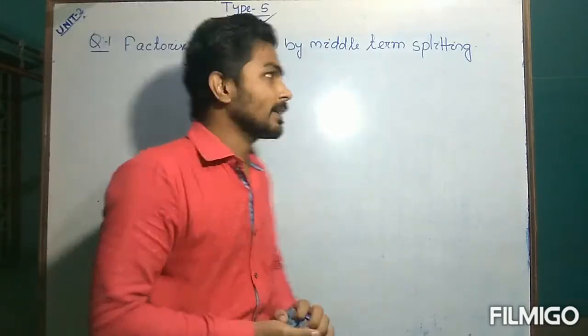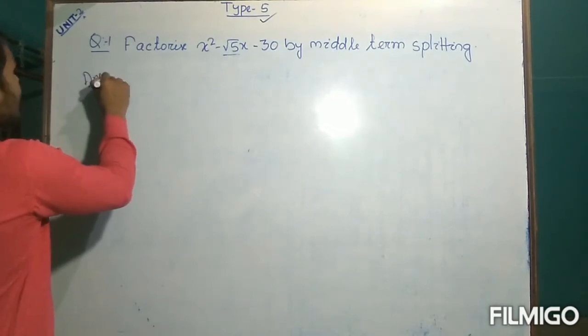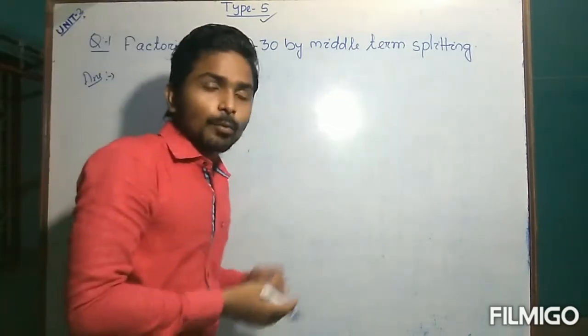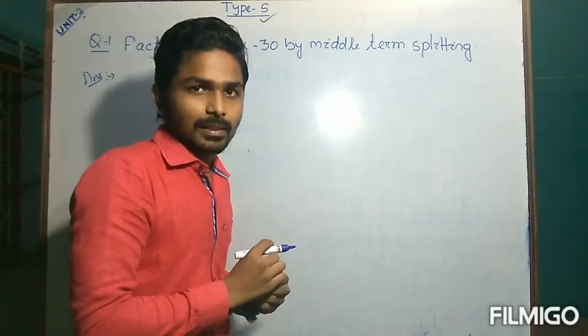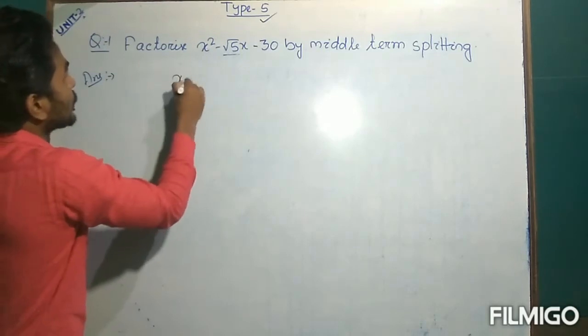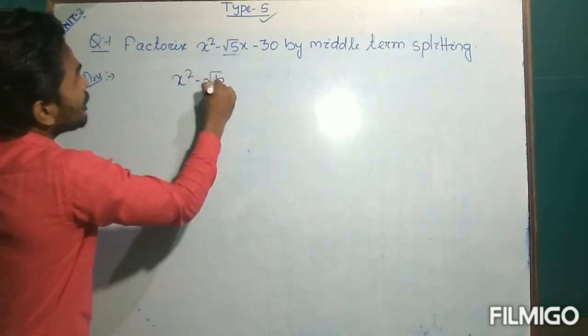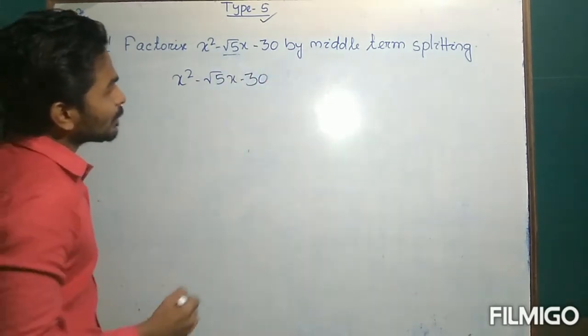In order to factorize this type of quadratic polynomial, we need to follow the same procedure, but there is a little bit of difference in the first step. So we have x square minus root 5x minus 30 as a quadratic polynomial.